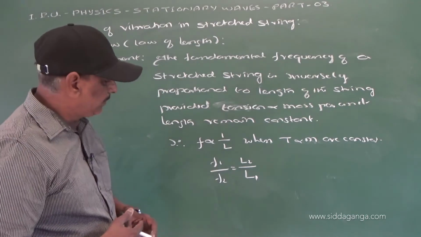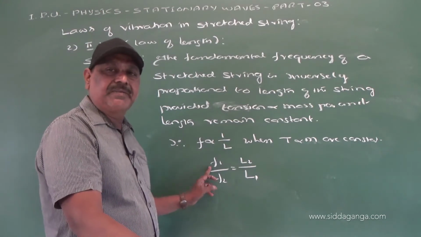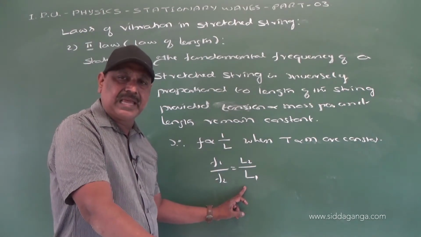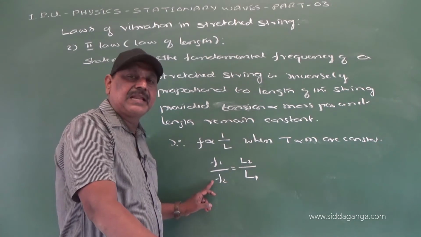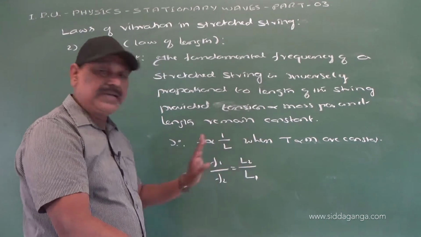Using this equation, when T and M are same, if F1 is the frequency for length L1, then we can calculate frequency F2 for any other length L2.